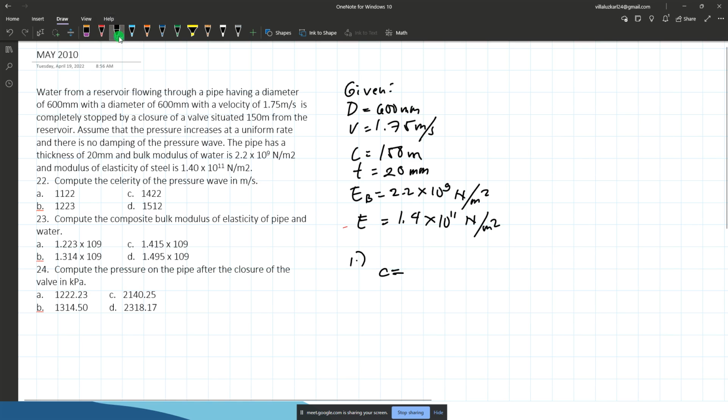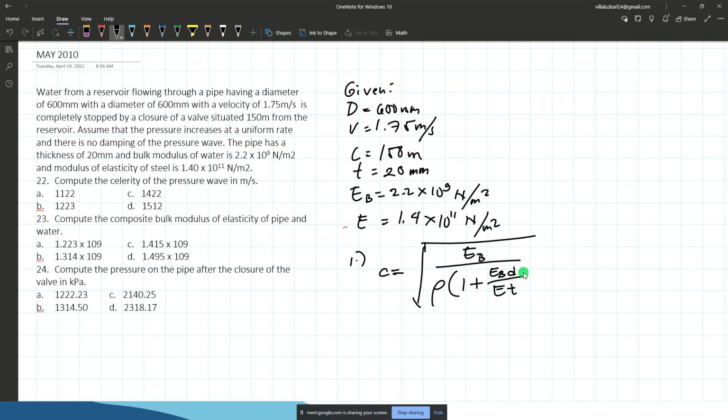So the solution that we are going to use here is the long one for the non-rigid pipe. We have the formula, the square root of EB over rho, multiplied by 1 plus EB times the diameter over E times the thickness.